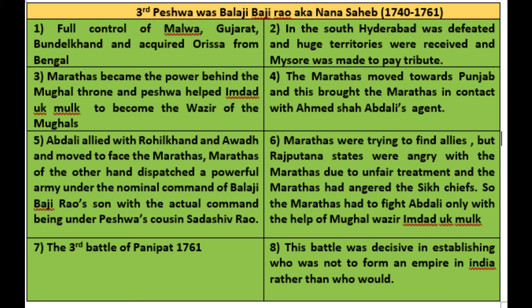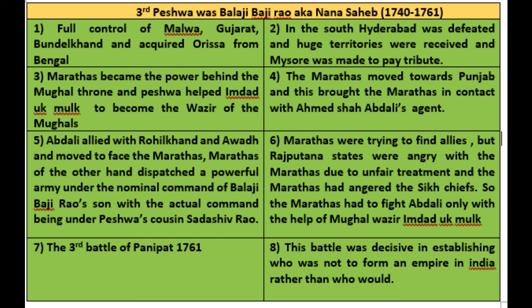So the Marathas had to fight Abdali only with the help of the Mughal Wazir Imdadul Mulk, who was himself not a strong party. The Marathas and Abdali met at Panipat in 1761, and this was known as the Battle of Panipat. This was the third Battle of Panipat.